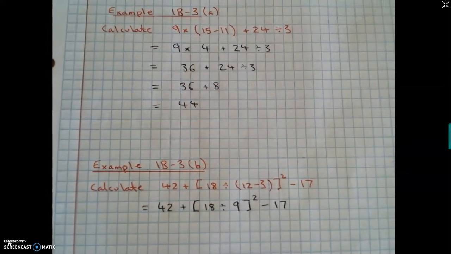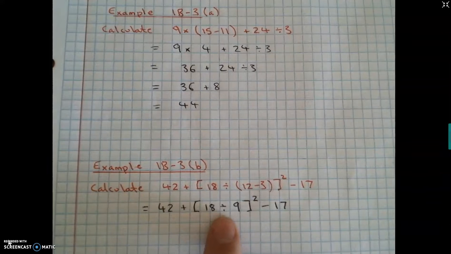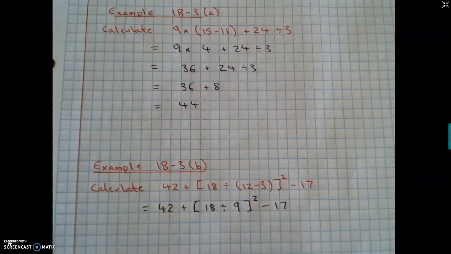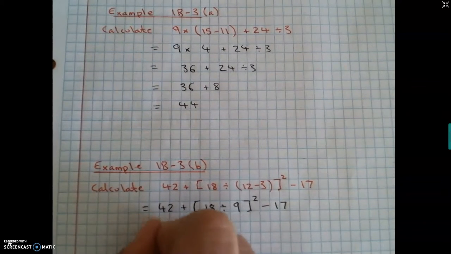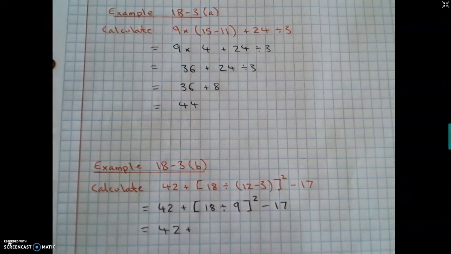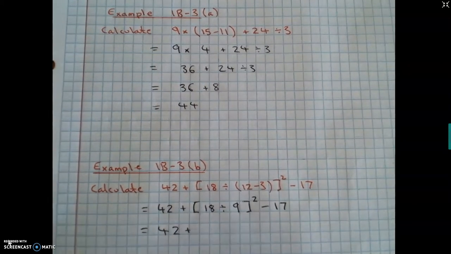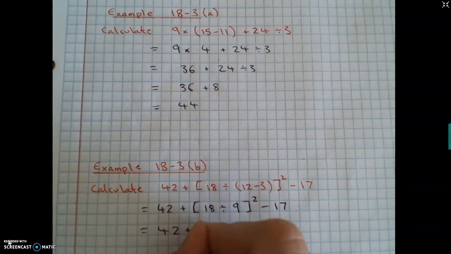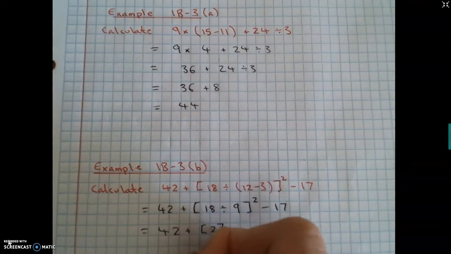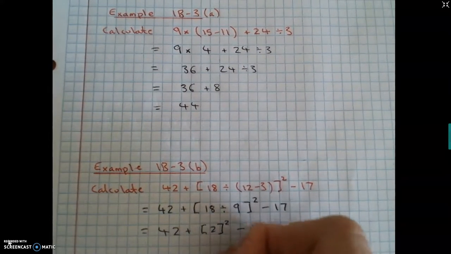Now I still have a set of brackets, so what's within these brackets needs to be dealt with before we do any type of exponent. So we have 42 plus 18 divided by 9, which is 2. So we're going to have 2 squared minus 17.